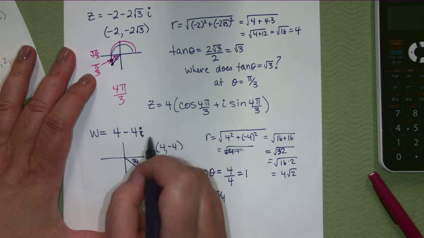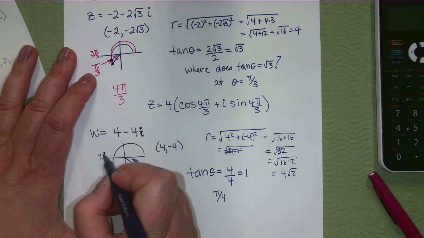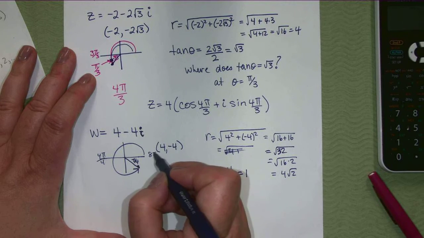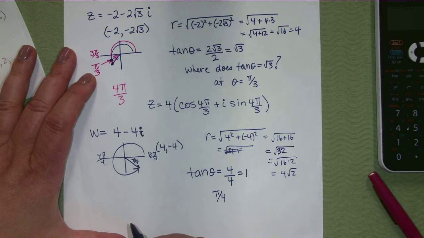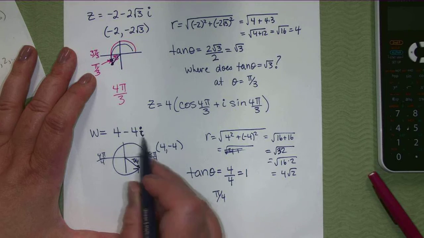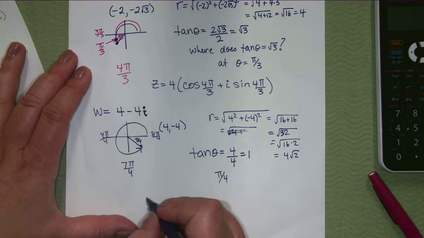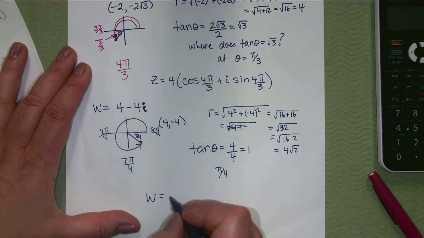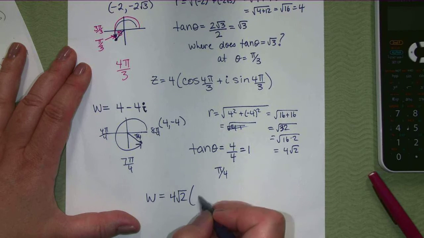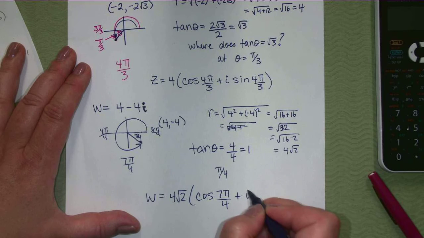So this one would be 4 pi over 4, and this is 2 pi, so it would be 8 pi over 4. Right, 8 divided by 4 is 2. So this is 1 less than 8, so 7 pi over 4. So W is 4 root 2 cos 7 pi over 4 plus I sine 7 pi over 4. Okay?